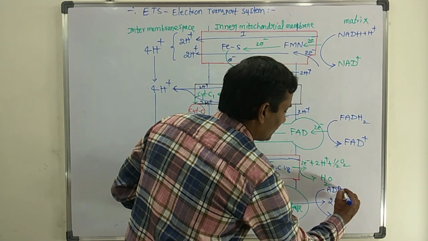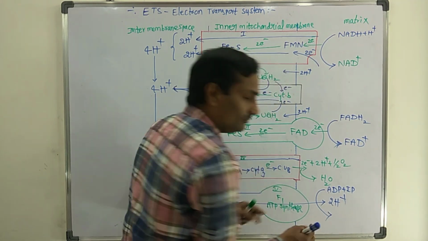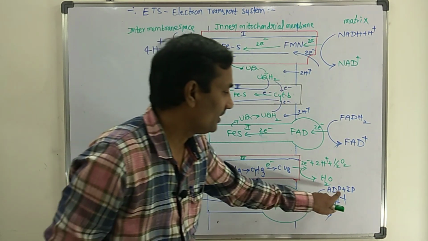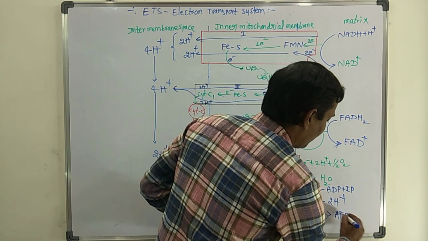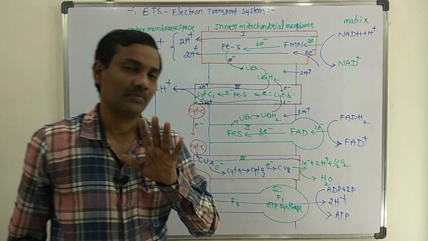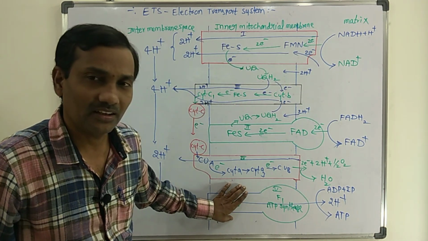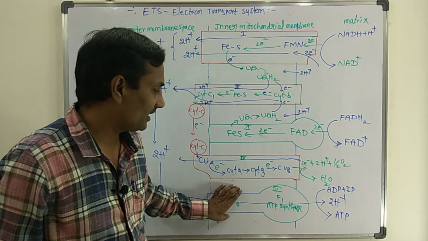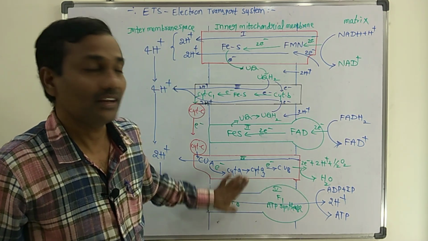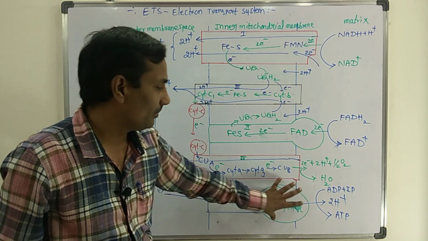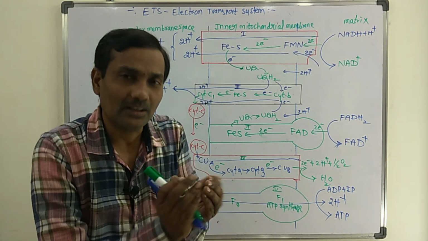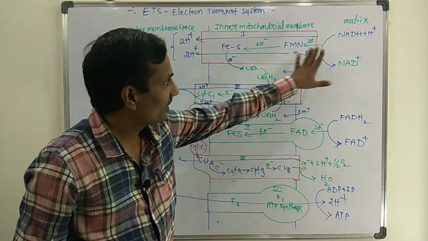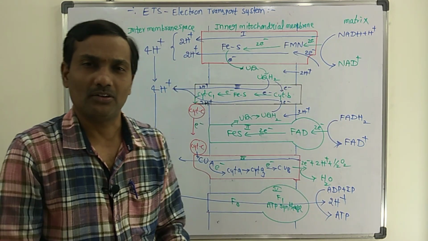That energy helps in joining or combining ADP and inorganic phosphate, leading to formation of ATP. F0 is embedded in the inner mitochondrial membrane, whereas the F1 ATP synthase particle is embedded in the matrix of the mitochondria.